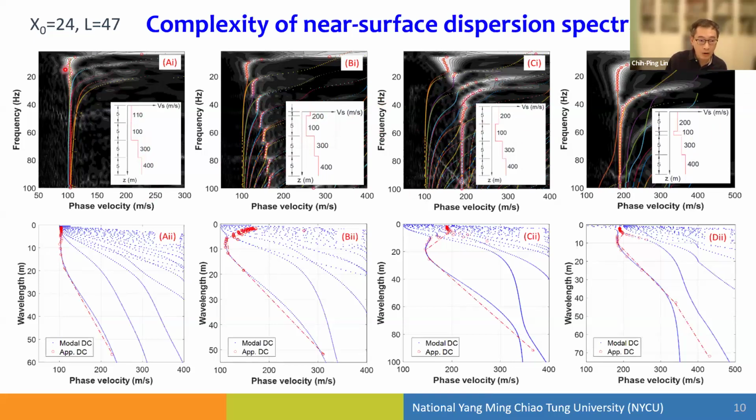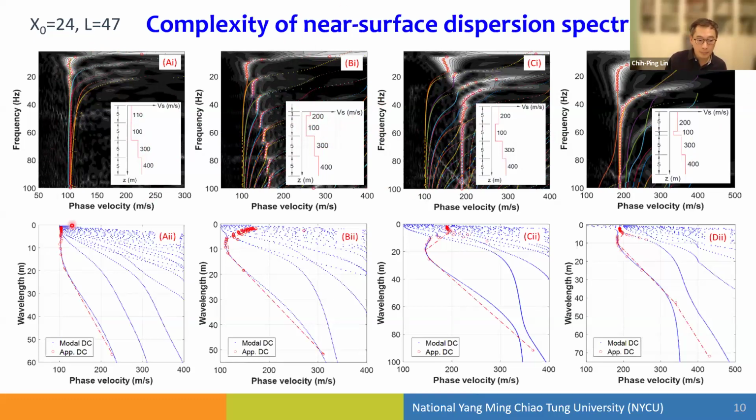And you can see how in certain Earth profiles, higher modes may be dominant. The lines shown in this figure are the free vibration modes, fundamental mode and higher modes. These are all possible propagating modes, but how the surface wave actually propagates in a certain mode or a summation of different modes really depends on the Earth profile.